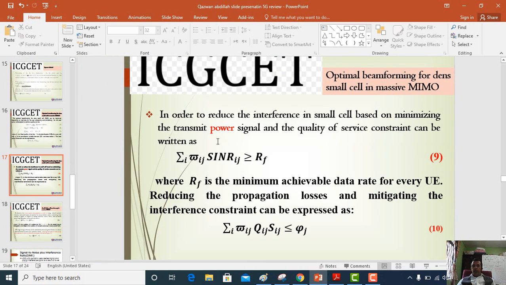These are equations 9 and 10, used in graph 2, our result. In order to reduce interference in a small cell, based on minimizing the transmitted power signal and the quality of service, we can use equations 9 and 10.